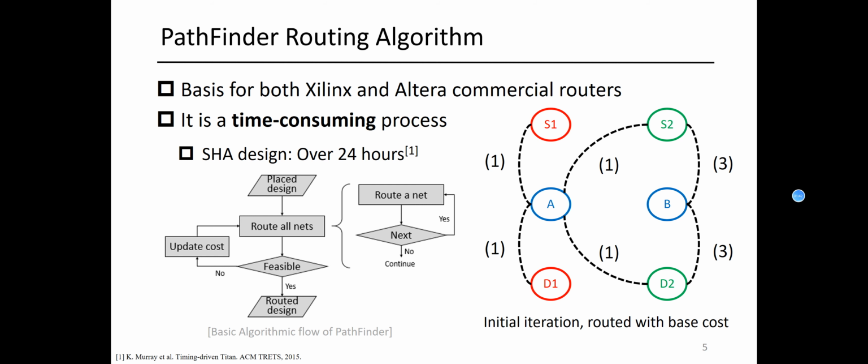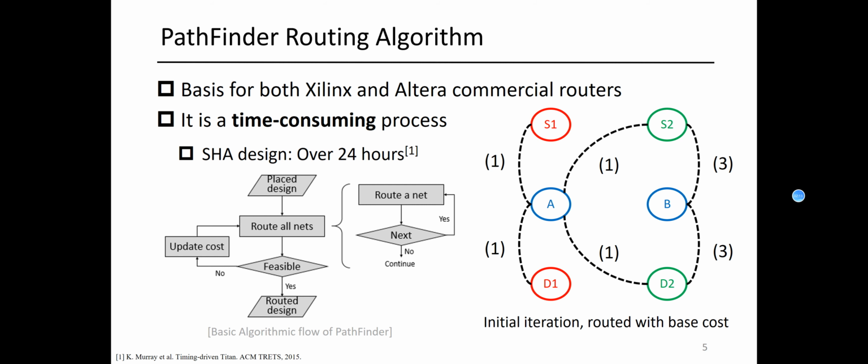Pathfinder is the representative routing algorithm, which is the basis for most commercial routers such as Xilinx's Vivado router and the Intel Quartus router. In Pathfinder, the group router is used to route all nets and invokes a single router to route a net. Both group and single routers are performed iteratively until finding a feasible routing solution.